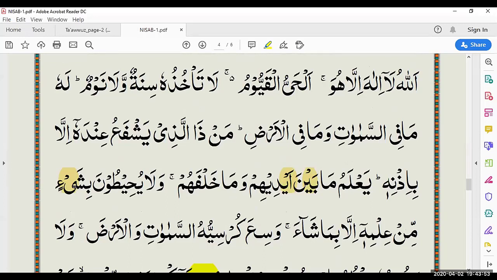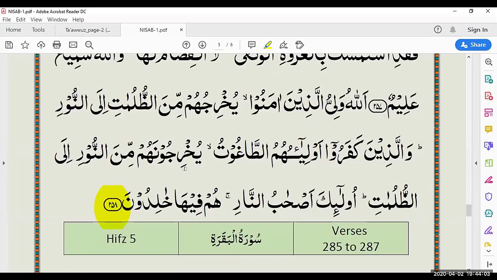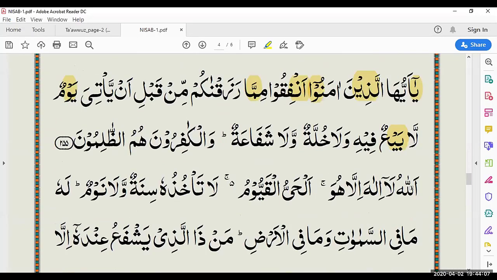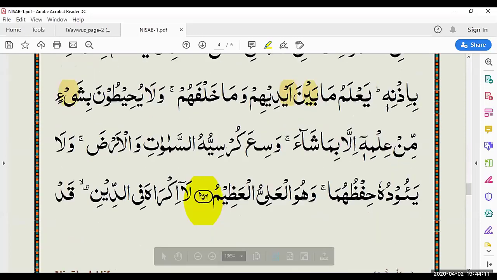So ya, with sakoon here, has sheen. The letter before that has fatha on top. Jazakumullah. So would you please start from here, and it ends here, it's a long verse. So would you like to recite it, please?